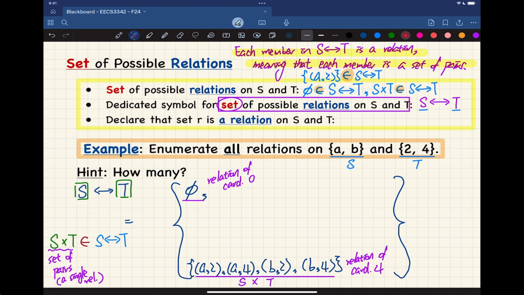Okay, so we have relations of cardinality 0 all the way to relations of cardinality 4. What's really missing is we need to figure out what are the relations of cardinality 1, and what are the relations of cardinality 2 and 3, etc. For the very first one, let's do it in detail.